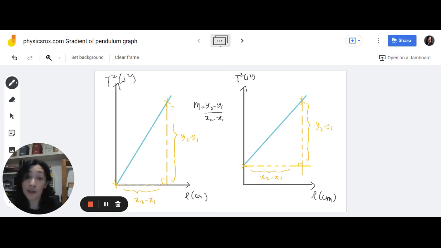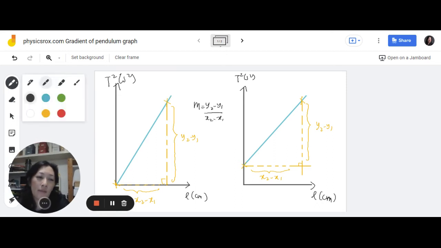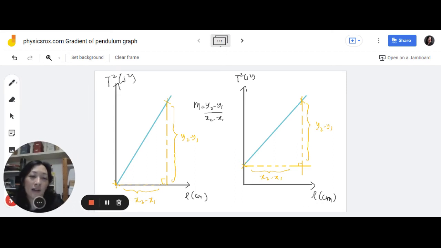How to figure out the unit? Okay, it's not difficult. You see, gradient calculation is just y over x. But in this case, we don't call this y or x. Y-axis, x-axis, yes, but you see this is not y, this is t squared.